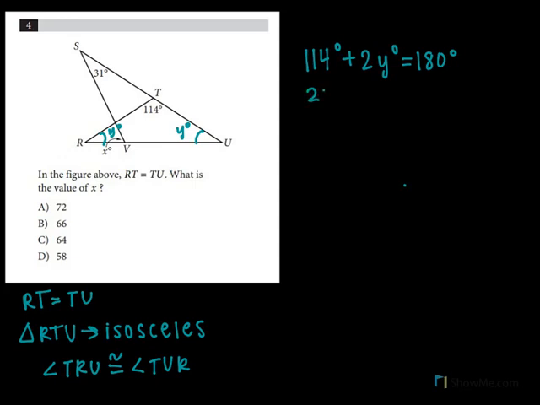So we subtract 114 on both sides, and we would have 2y equals 66 degrees. Therefore, y is 33 degrees. Now we can replace these angle measures with the actual number, so 33 degrees and 33 degrees.